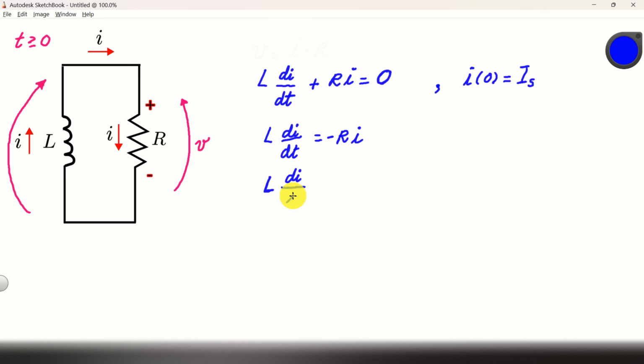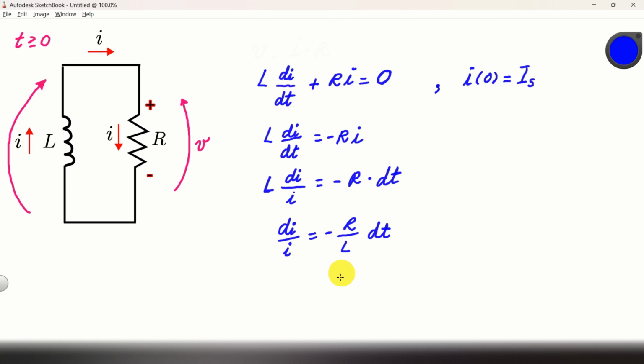Then on the right hand side I have minus R multiplying dt. Further, I can write this equation like this: di over I is equal to minus R over L dt.